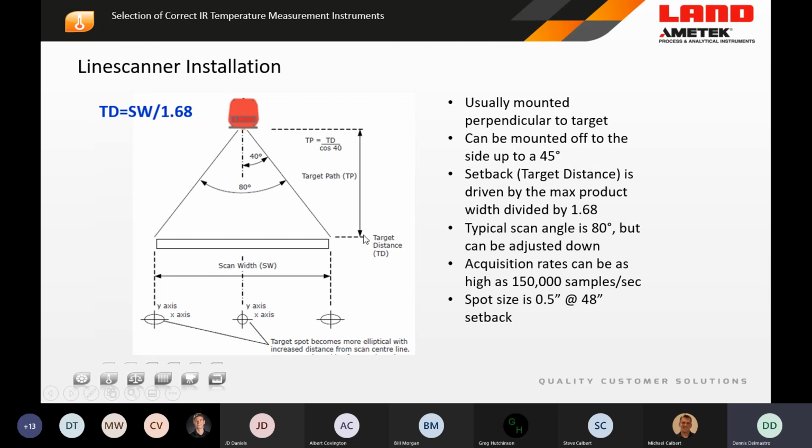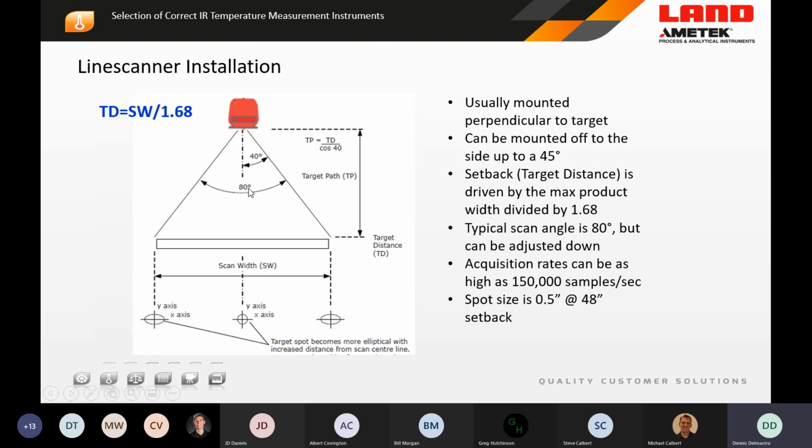The setback distance comes up a lot of times because the question is, what's the clearance? How high do we have to be? How low do we have to be? Well, typically it's pretty easy. Due to this being an 80-degree angle, the trigonometry works out that if you take the product width and divide it by 1.68, that gives you the target distance back, or what we call the setback distance.